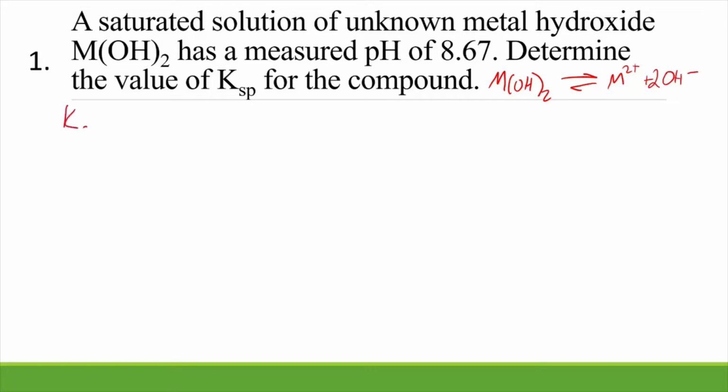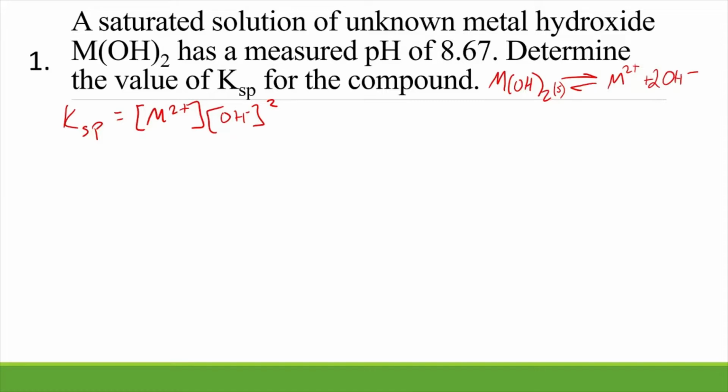So the value of KSP, this M(OH)2 is usually solid, so that's going to be equal to the concentration of M2+ times the concentration of hydroxide squared. The metal hydroxide is not in the solubility product expression, remember that, because it is a solid, a pure substance, if you will.